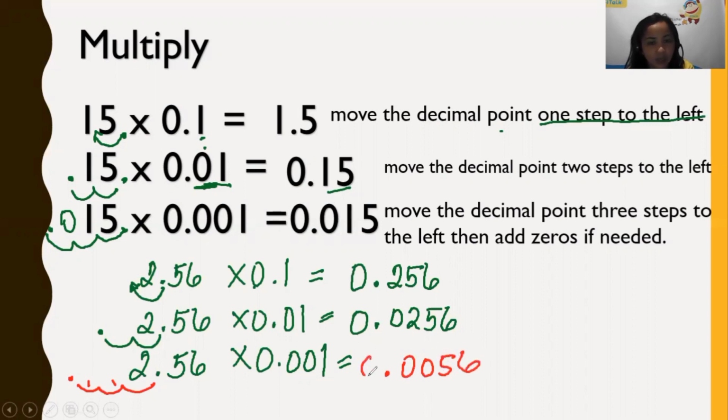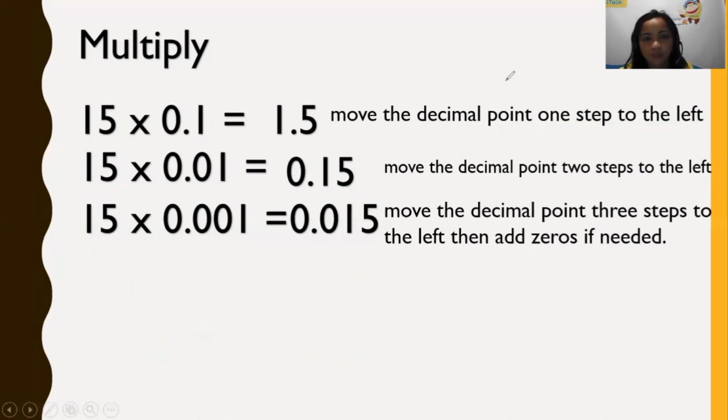And then, add another 0 dito sa unahan ng decimal point. So, the answer is 56 10,000ths. So, kapag ang imumultiply nyo naman ay itong 1/10ths, 100ths, and 1,000ths, we just move the decimal point to the left.